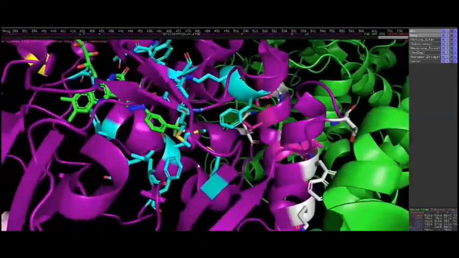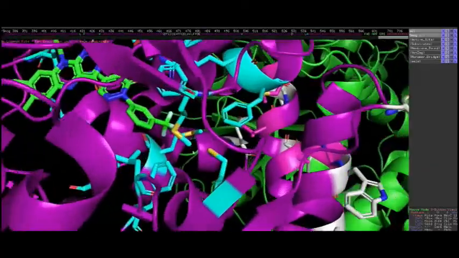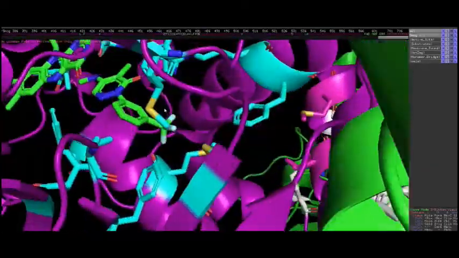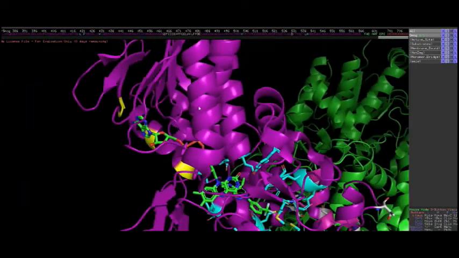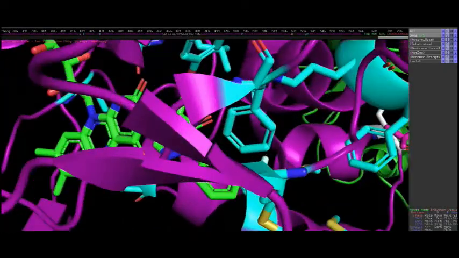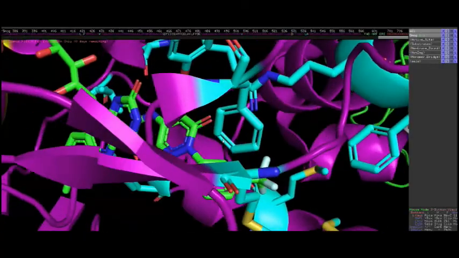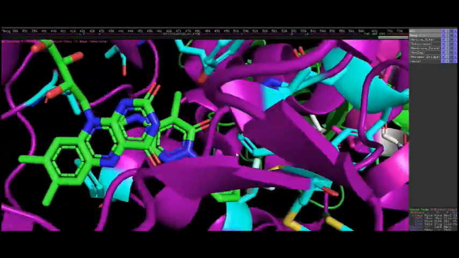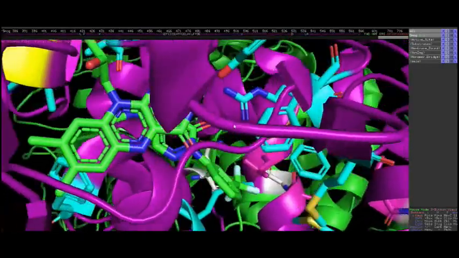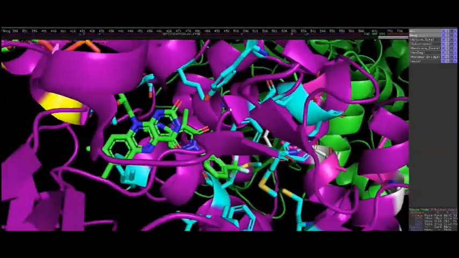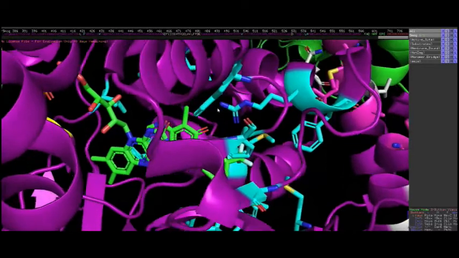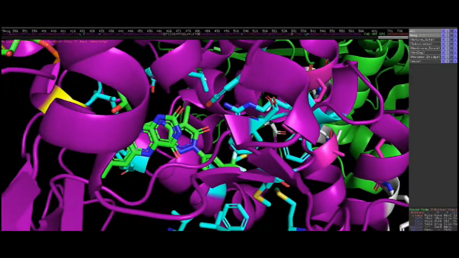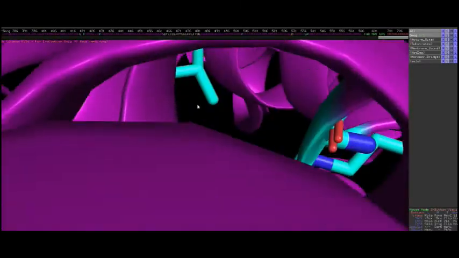I have in cyan here the active site residues, so you can see the cyan here where the substrate would be sitting inside of this active site here, and what you can see is a lot of these are hydrophobic amino acids.